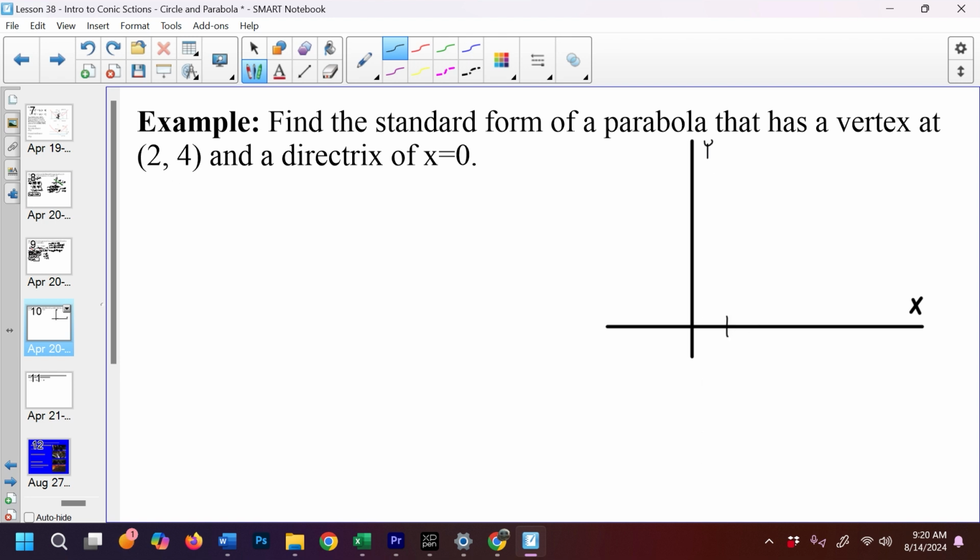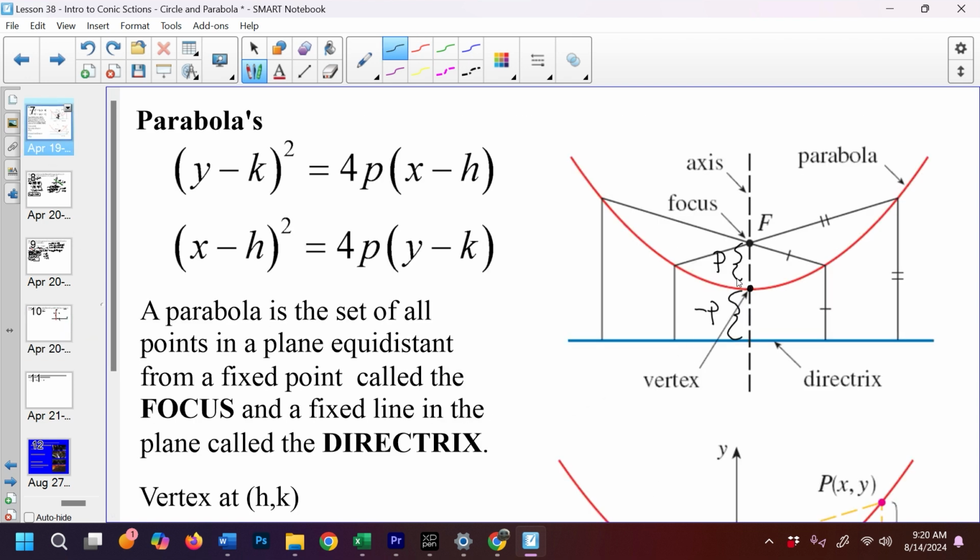If I go 1, 2, 3, 4, and I put a point right there, that's the vertex. Now the directrix is x equals 0. x equals 0 is a vertical line at 0. If you remember from our diagram up here, the distance from the vertex to the directrix is negative p units.